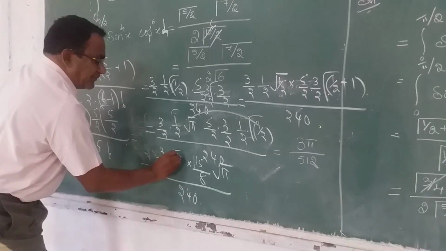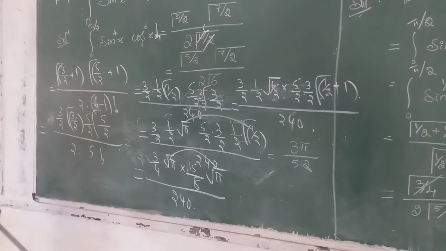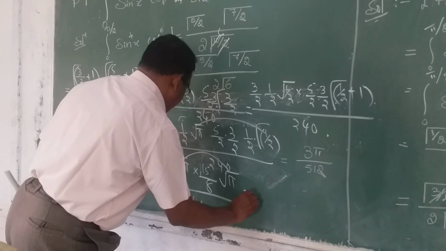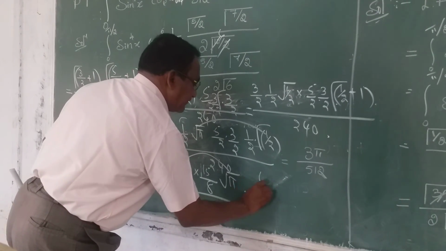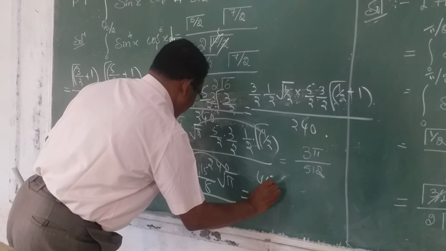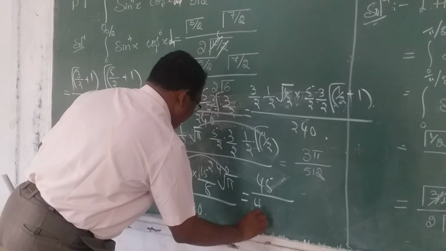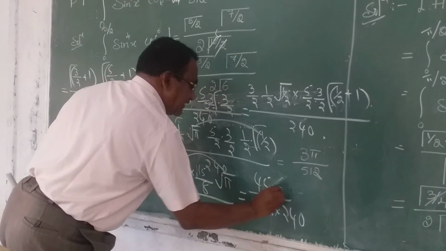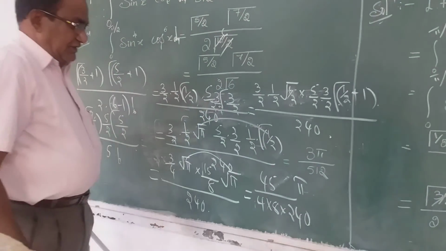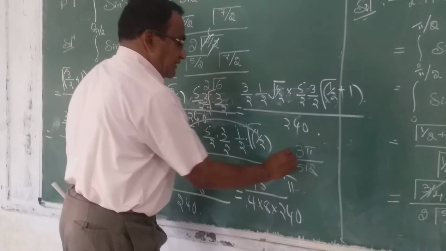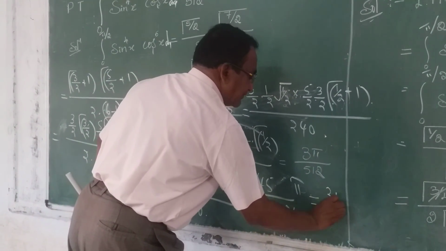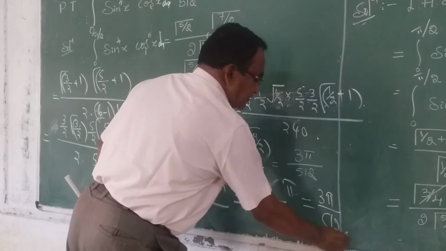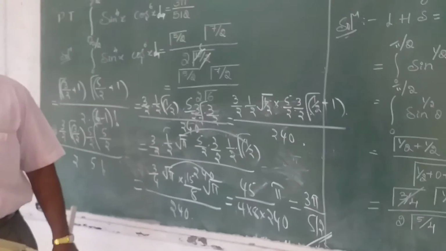This root pi into root pi, yes, this is equal to 15 threes are 45, divided by 4 into 8 into 240, into root pi is pi. If you simplify this, definitely we get the answer. It is 3 pi divided by 512. This is your required answer.